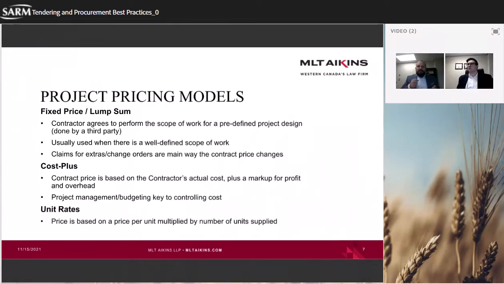That's because owners of large projects are moving more and more to a more collaborative and less adversarial project pricing methodology, where there isn't as much tension over pricing. So it's a very important point to emphasize that when we talk about lump sum pricing, what's really important is this notion of well-defined scopes of work.